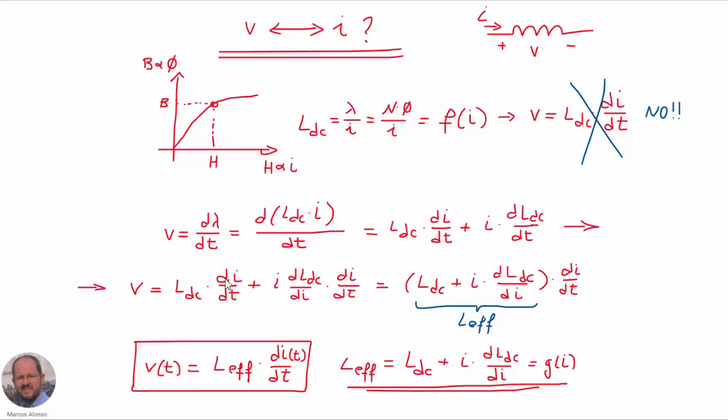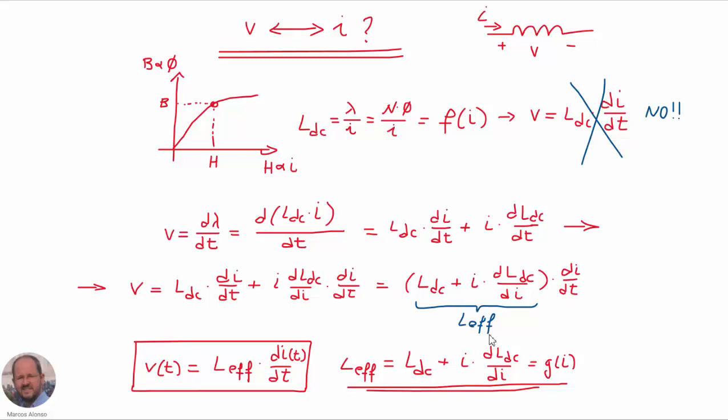So then we have these two di/dt's, so we can express this equation like this, in which we have a given value, which also has units of inductance, times di/dt. This value here is what we can call the effective inductance of our inductor.